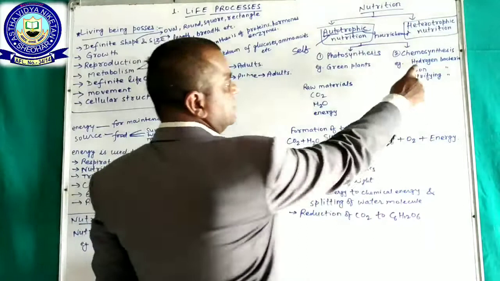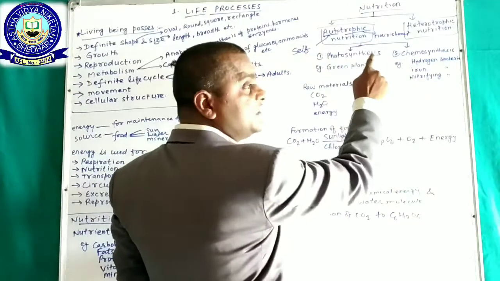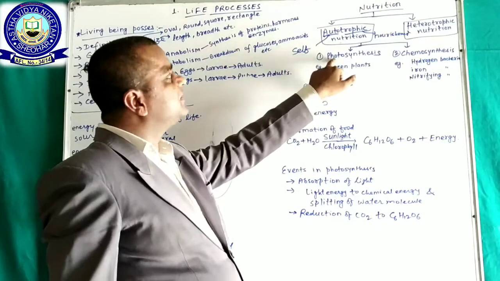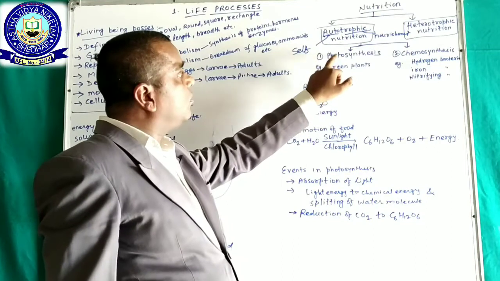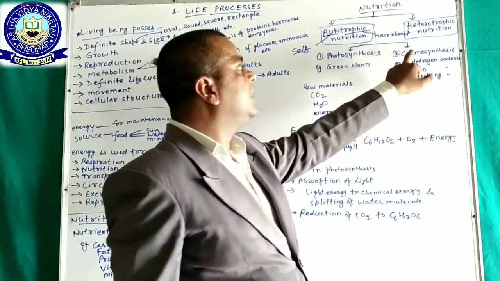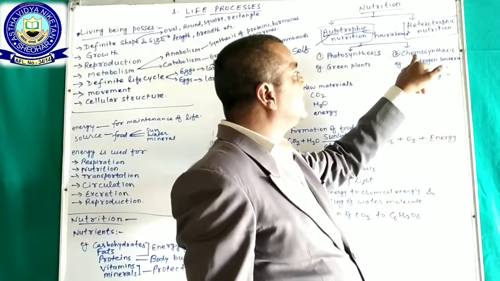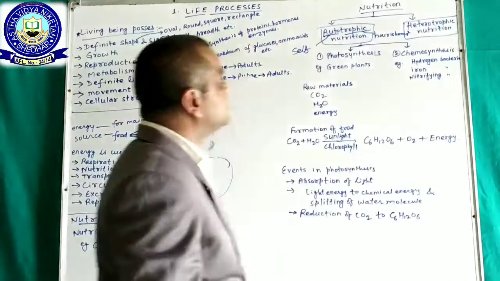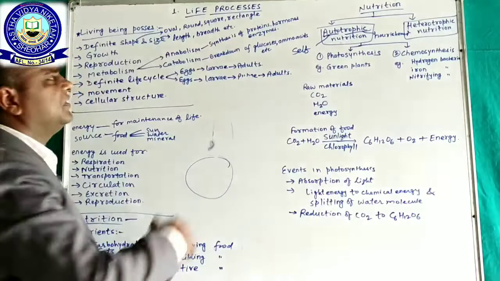Here it is chemoautotrophic, and this one is called photoautotrophic nutrition or photosynthesis. Here, chemoautotrophic nutrition or chemosynthesis.